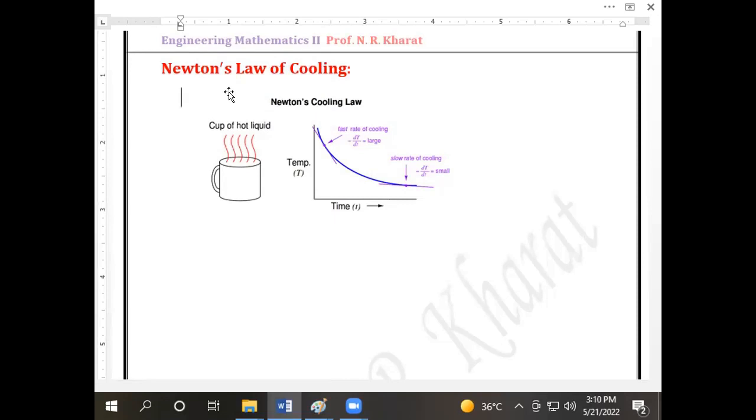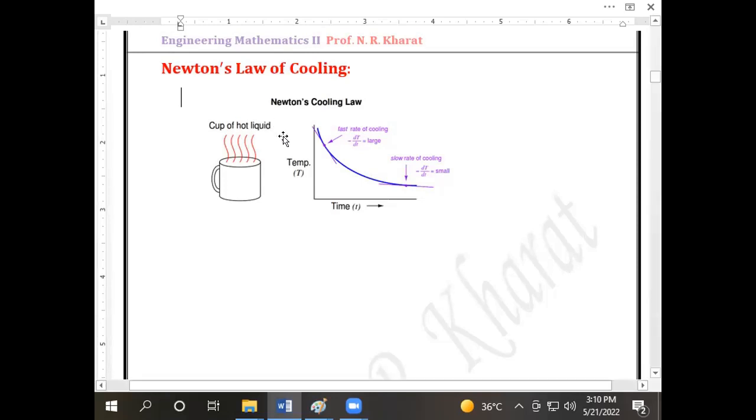One simple example of Newton's cooling law is shown in a figure. The cup contains hot liquid. The temperature of the liquid is greater than the temperature of the surroundings. Due to that, the temperature of the liquid is reduced as time goes on increasing.